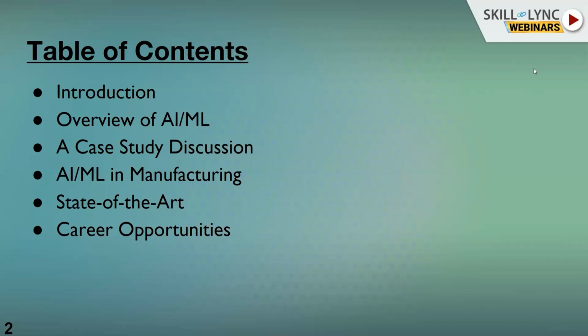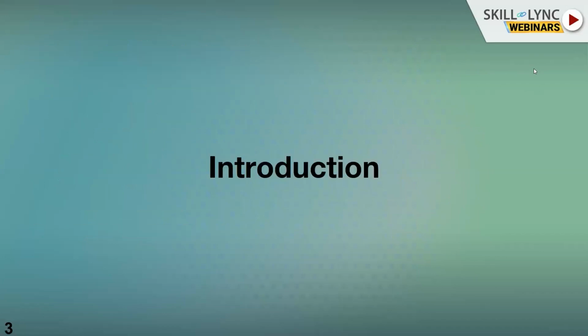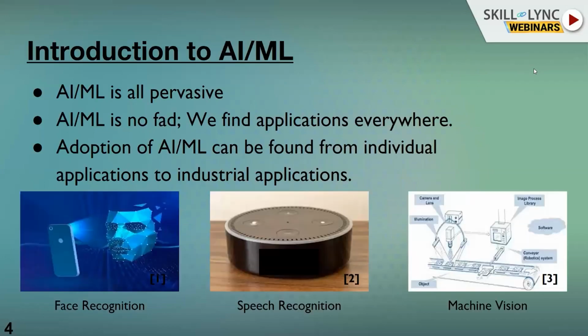And of course, we also look at the state of the art technological developments that are happening in manufacturing. And then finally, we are going to see how the current generation, especially those looking for career opportunities or career advancements, can leverage artificial intelligence to further their aspirations. So that is the brief agenda.